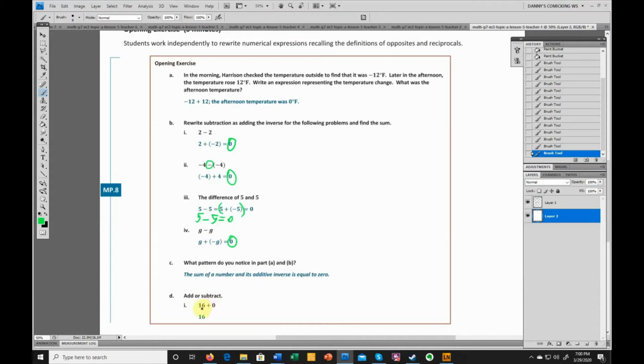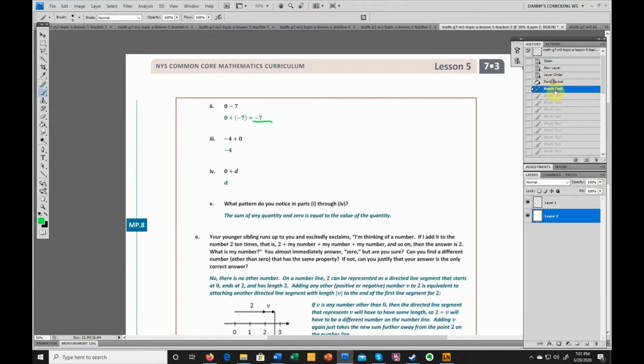If we add or subtract, 16 plus 0 is 16. Minus 16 plus 0 is minus 16. Okay, let's move on. 0 minus 7 is minus 7. 0 plus minus 7 equals minus 7. Minus 4 plus 0 is minus 4.